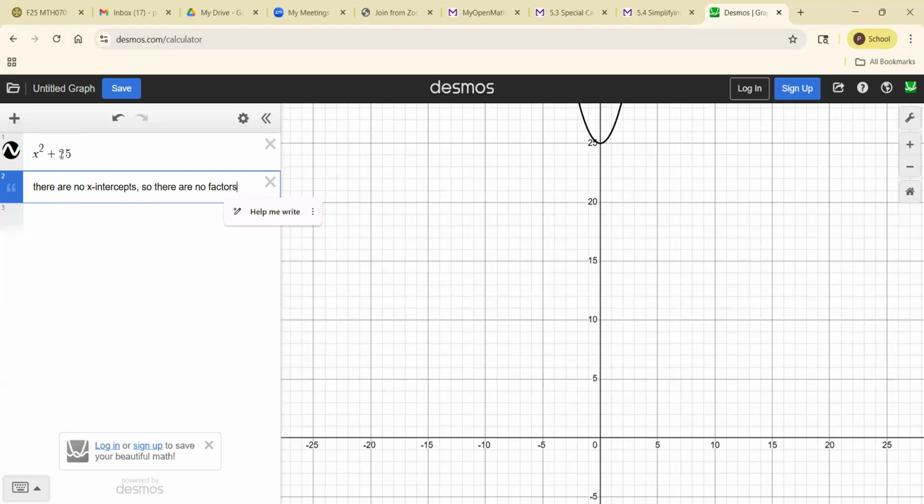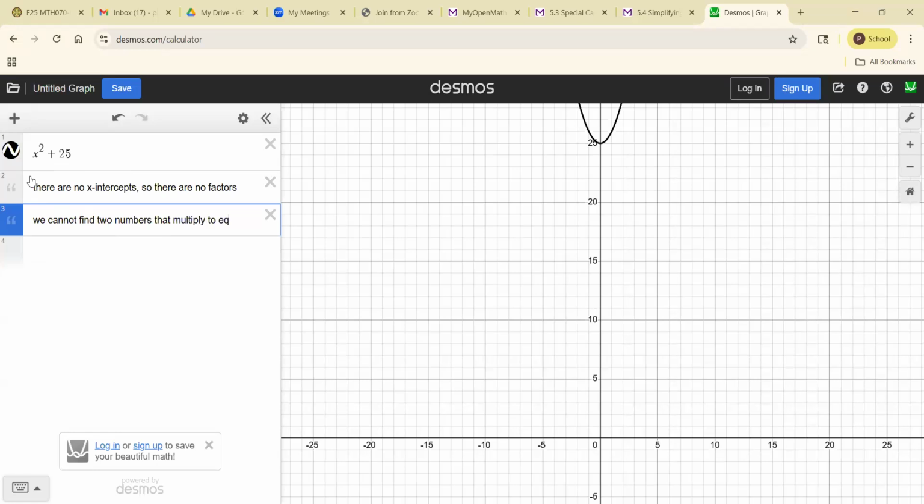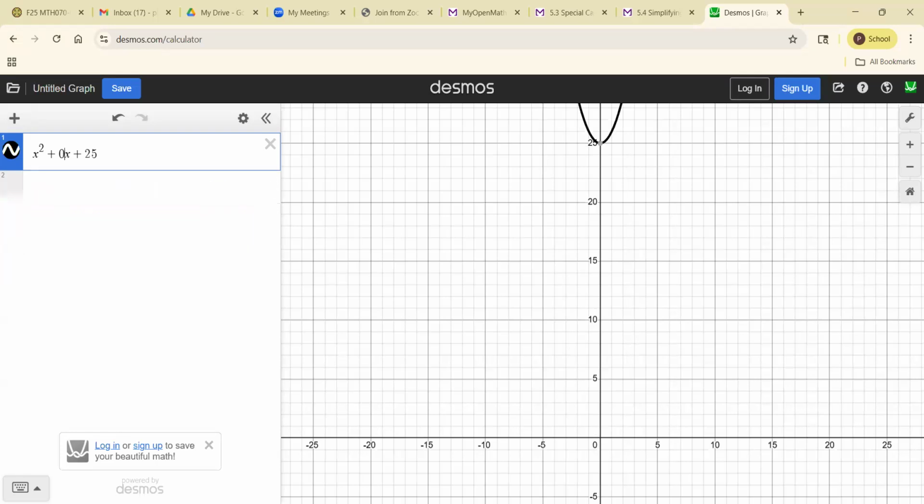If we try to do x squared plus 25, we cannot find two numbers that multiply to equal 25 and add to equal 0, because x squared plus 25 is like x squared plus 0x plus 25. There are no two numbers that multiply to be 25 and add to 0. So that is our second special case.